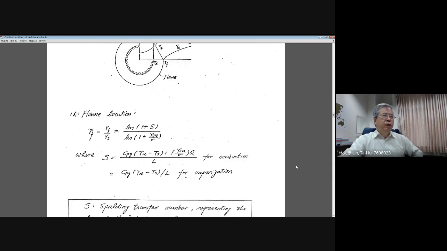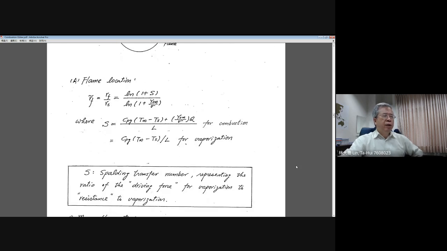Here, the first one is the flame location. Flame location, we call this R_F tilde, is equal to R_F divided by R_S. As you understand, in the real situation or in experimental observations, you will find the flame position R_F, the flame position for the droplet flame, and the droplet radius change with respect to time.